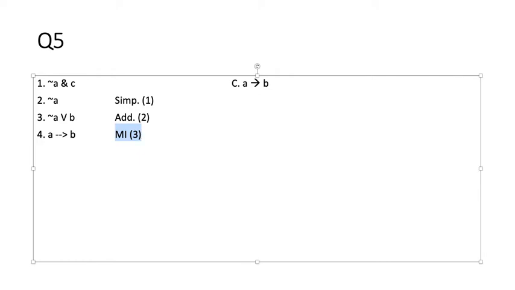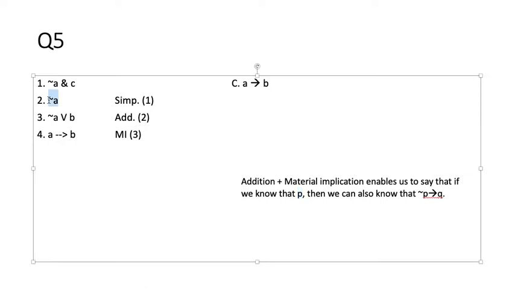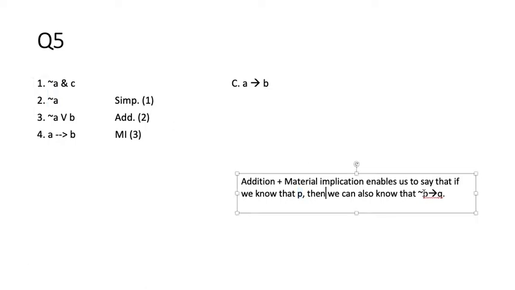Now, there's something kind of interesting that we just did that's worth making pretty clear. We can use addition and material implication to say that if we know that P, which here we didn't, but we knew not A, then we can also know that if not P, then Q. So this combination of rules, addition and material implication, enables us to go from the assertion of a simple sentence to the assertion of a negation of that.